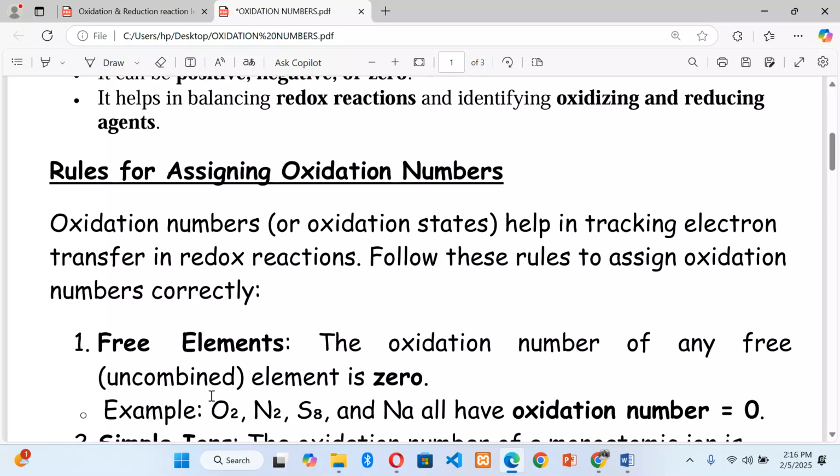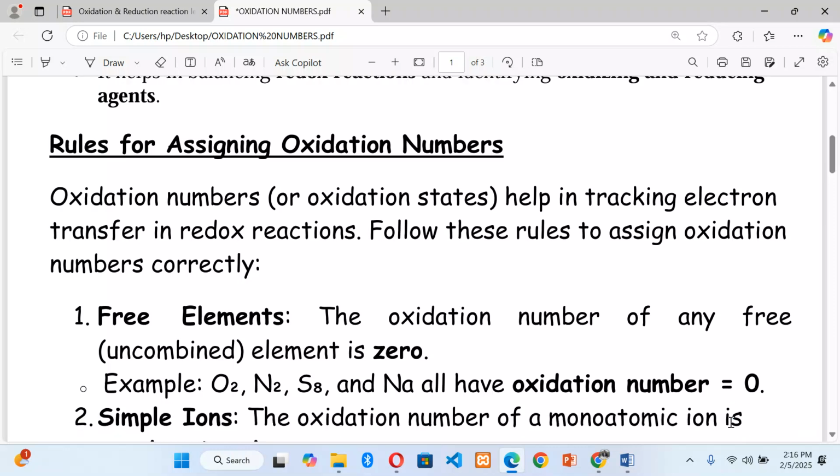For example, oxygen in this format, uncombined, only oxygen, has an oxidation number of zero. Nitrogen, the same case. Sulfur, the same case. Sodium, the same. So their oxidation number is equal to zero.